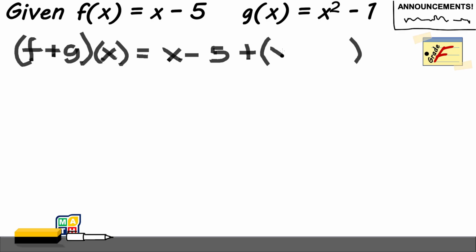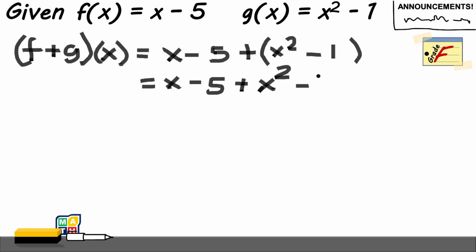So here, we'll have plus x squared minus 1. Again, it will not hurt this process since the operation is addition, so we can simply remove the parentheses easily. x squared minus 1.